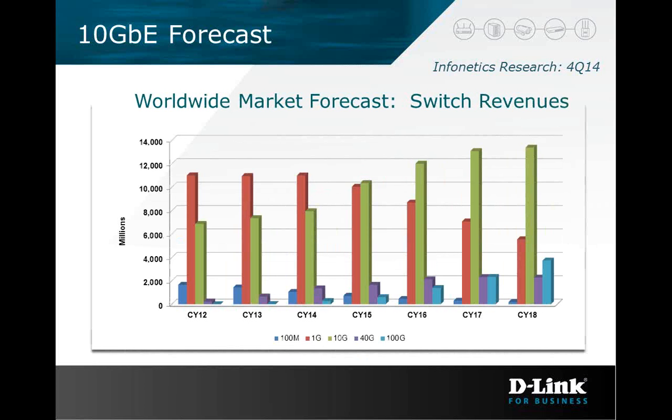So this is from switch ports. Let's take a look at the same data, but now this is revenue, and this is quite eye-opening here. So again, worldwide revenue for switch ports. The blue column is 100 meg Fast Ethernet, really insignificant in the grand scheme of things. Take a look at the red column. This is gigabit. Gigabit has been the king, but you can see a decline happening on gigabit switch ports.